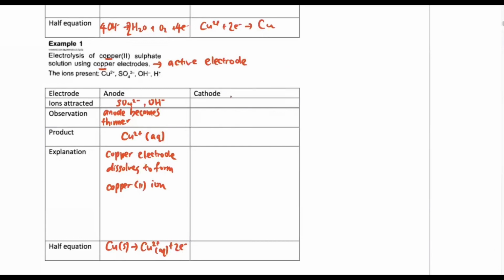Okay, so for the cathode side, the cations, Cu2 plus. So this is done using a voltaic cell. It's still an electrolytic cell. Voltaic cell is not in the syllabus.